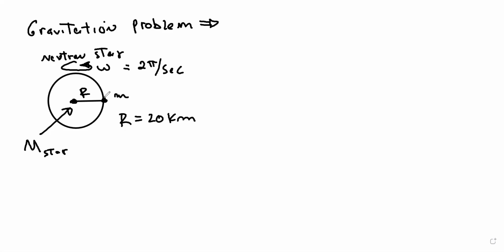So what do we have? Let's do a body diagram of the situation. We have all the mass concentrated right here, the big mass of the star, and then you have your little m over here. There's a force of attraction this way. Let's call it centripetal force.